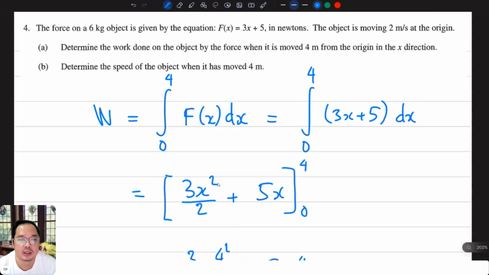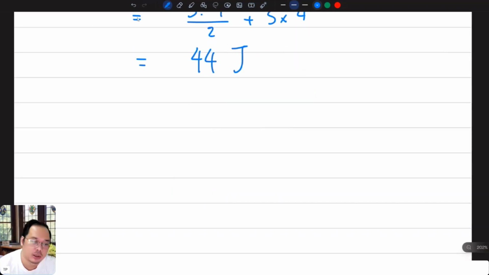They didn't say anything about the change in the height of the object, or about it going up or down, so we assume that the height does not change and the potential energy stays the same. And the work done by this force, 44 joule, will be equal to the increase in kinetic energy of the object.